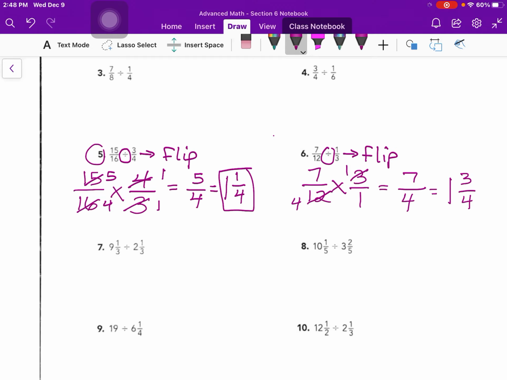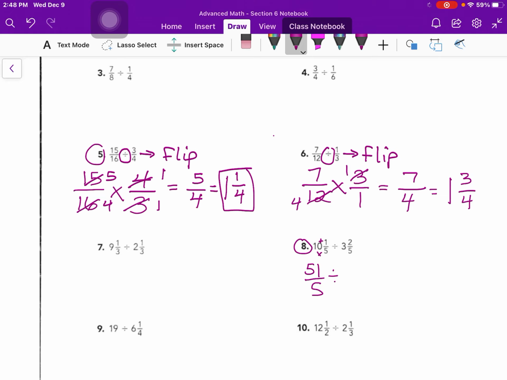Let's try a couple of these mixed number ones. I think we did number 7 in class, so I'm going to do number 8. Remember, to divide by mixed numbers, you have to first turn them into improper fractions. To do that, it's 5 times 10 plus 1, which is 51/5.